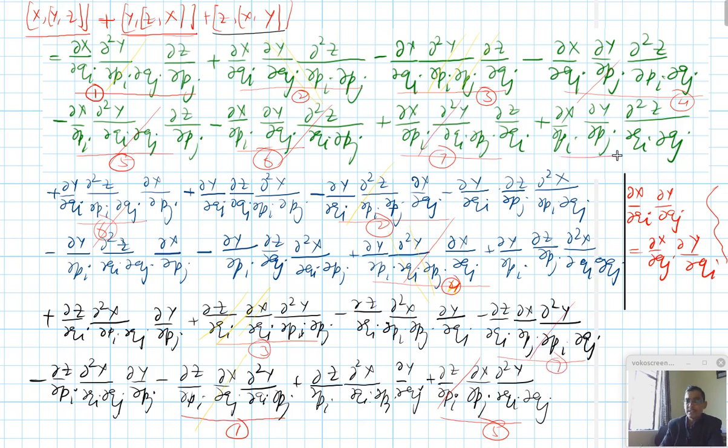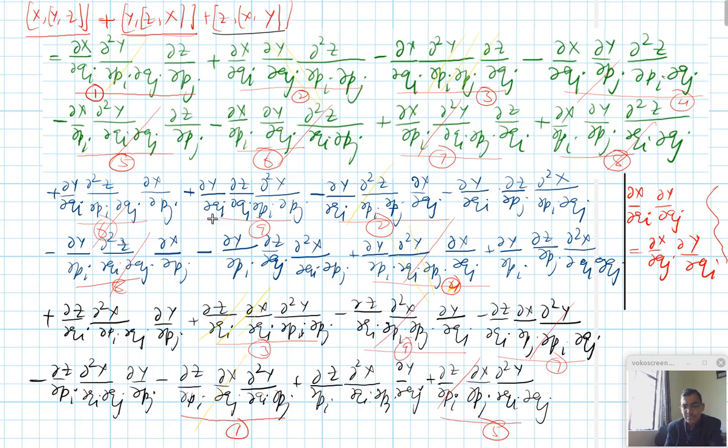Then the eighth term is equivalent to this eighth term, so they will cancel out. Then this is the ninth term, which is equivalent to this term, so they will cancel out.